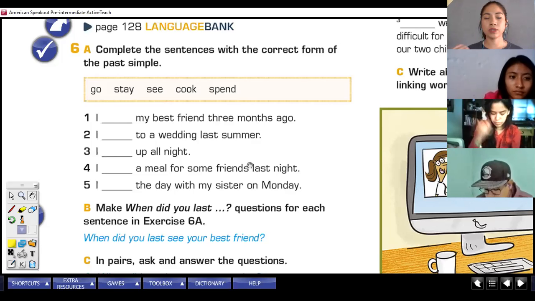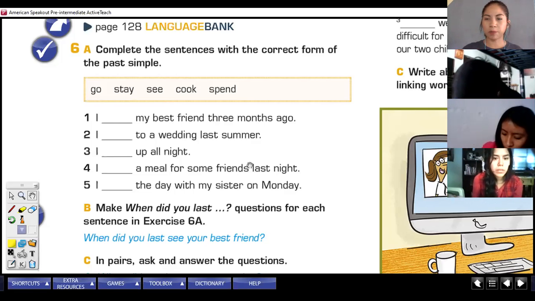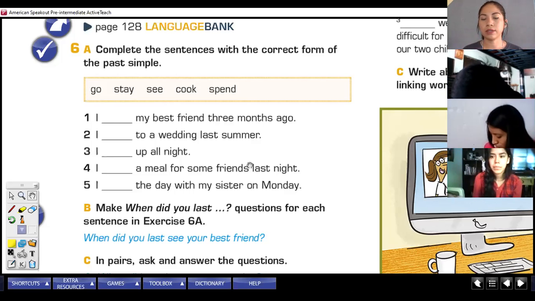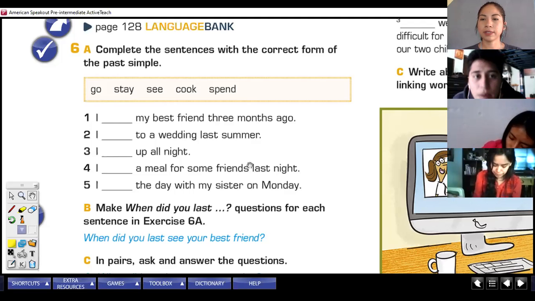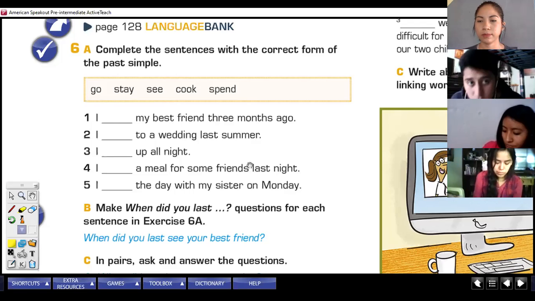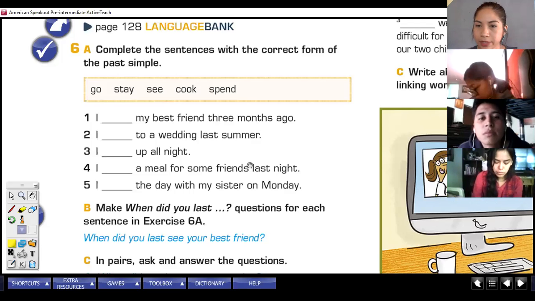The same, you just need to write your answer. So you can just write the verb in past. You don't need to copy the complete sentence because you're going to have the book. So later you just fill out the book. Can we compare your answers? Yes? Okay. Thank you.